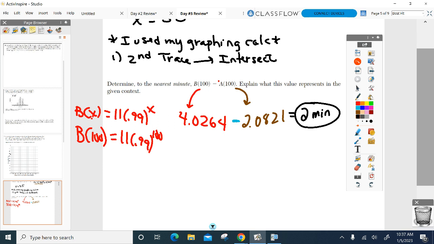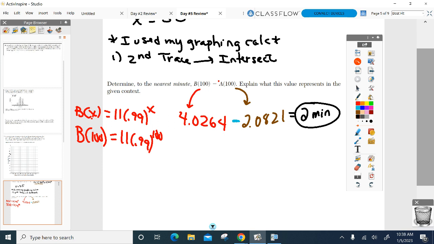Questions there? Okay, I'm not a big fan of this, but we have to answer the question. We're not leaving it blank. Explain what this 2 minutes means given the context of the problem. What does 2 minutes mean in this problem? Go back to that long paragraph you just had. Sorry, I know usually there's a story there, but we have to actually pay attention to the story.